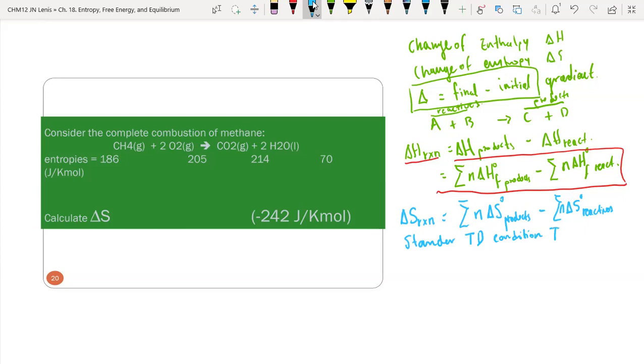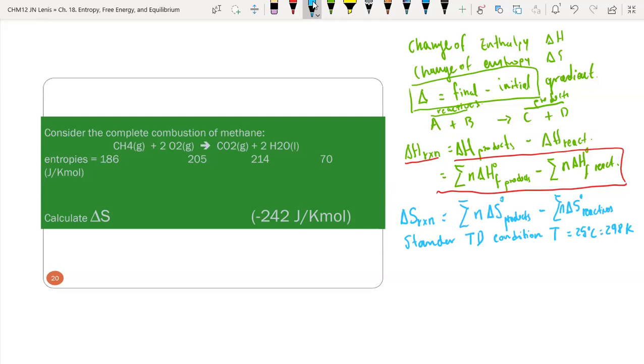The standard thermodynamic temperature, which is the absolute temperature, capital T, is 25 degrees Celsius, which is 298 Kelvin. 298.15 to be more precise, but we can round that off to 298 Kelvin. Notice that this standard thermodynamic temperature is different from the standard temperature for ideal gases.